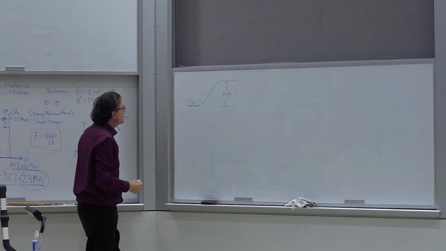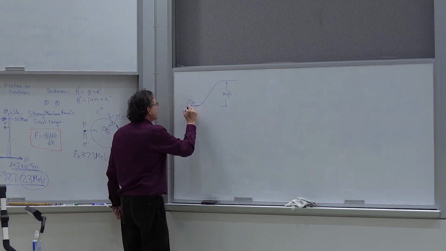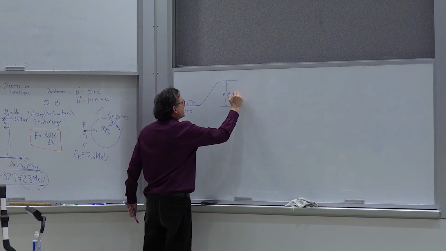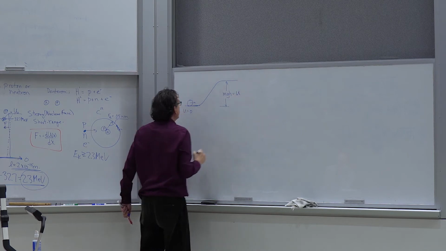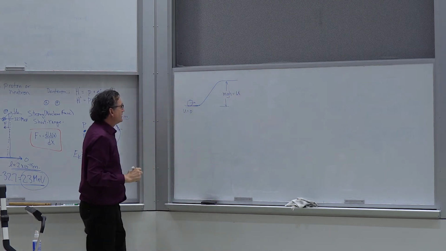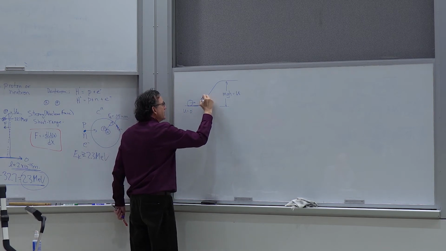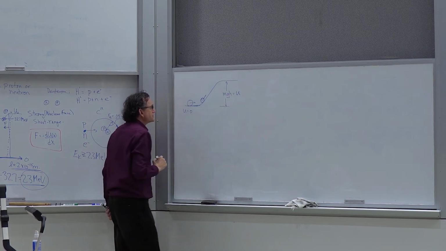And the conservation of energy says that, assuming down here we have that U is equal to 0, and over here it's equal to mgh, then as the kinetic energy decreases going up the hill, the potential energy increases.